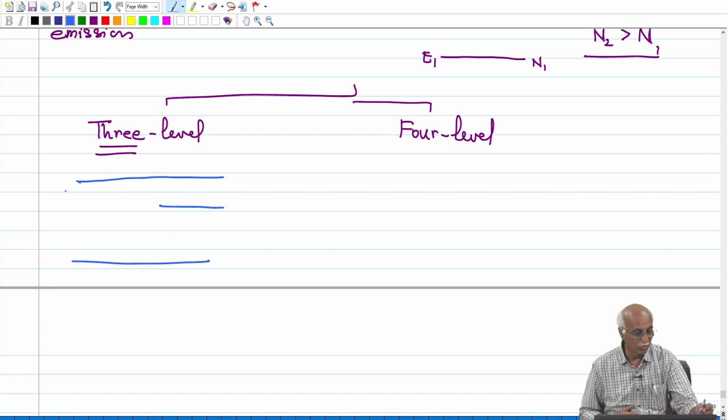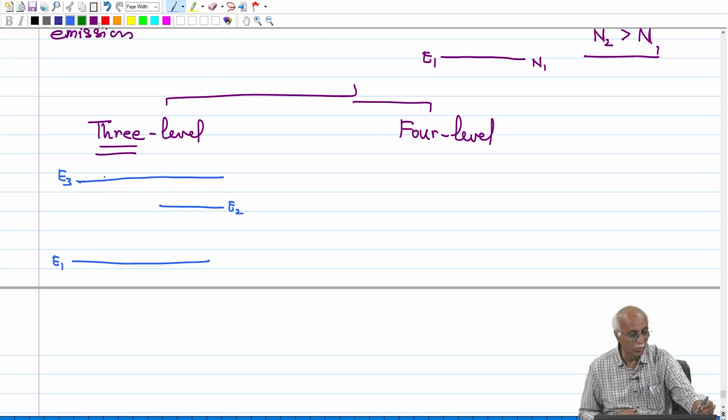Say this is E1, this is E2, this is E3, correct. Now, these energy levels are such that E1 is the ground level, E3 is the upper level, and E2 is the intermediate level.